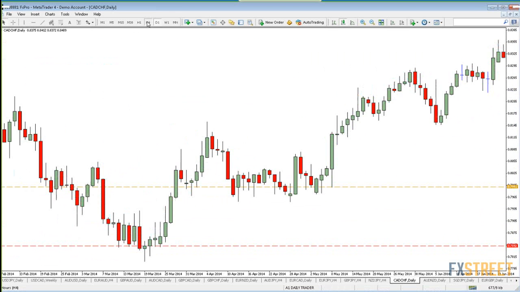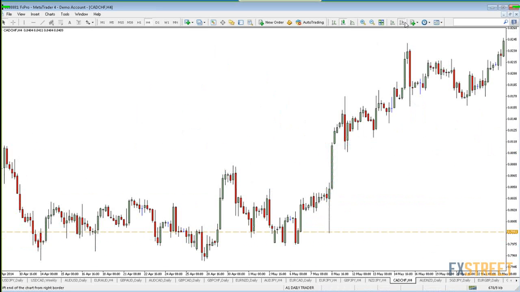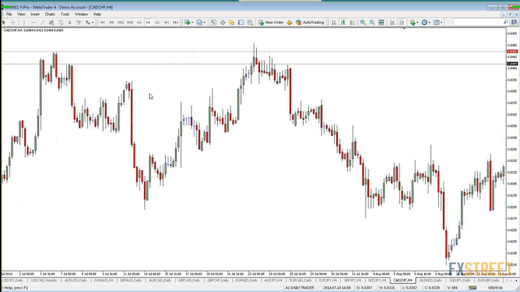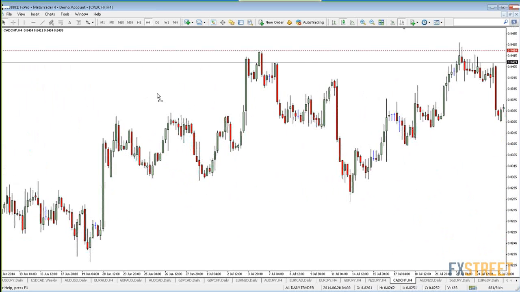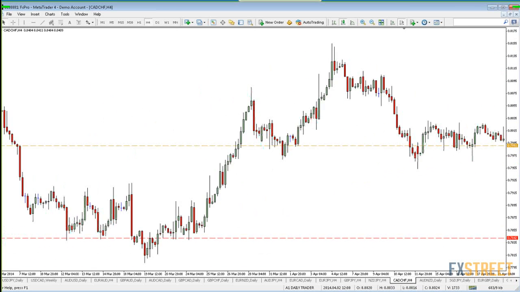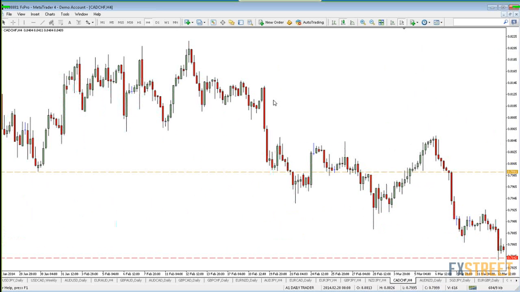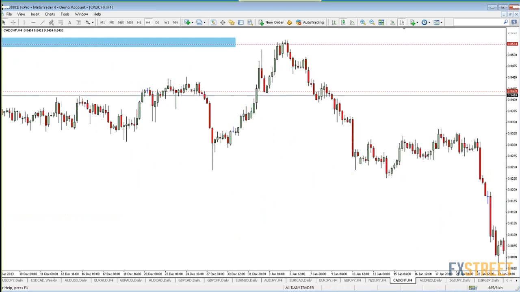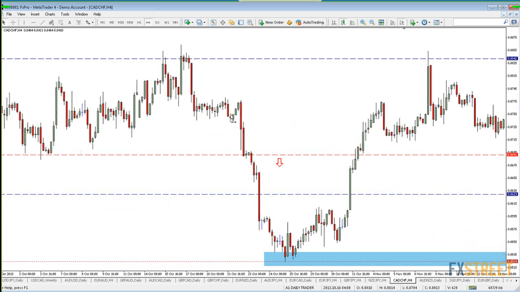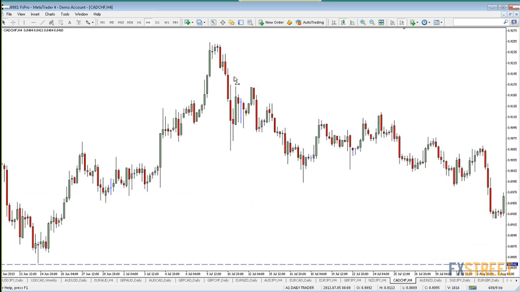Let's go to the 4-hour CAD Swiss. CAD Swiss is very, very messy. Sometimes I notice that the CAD pairs tend to be messy. What I'm trying to find here is an example of the trade I want to show you.